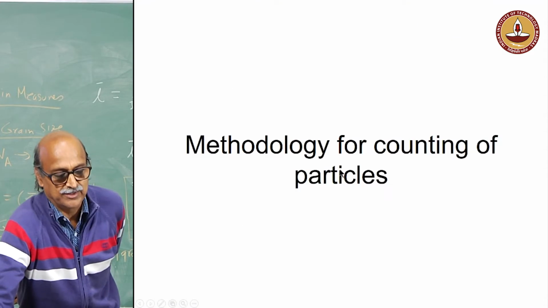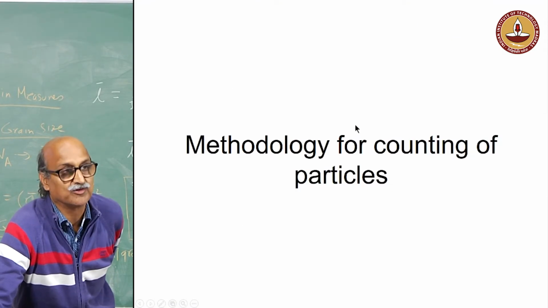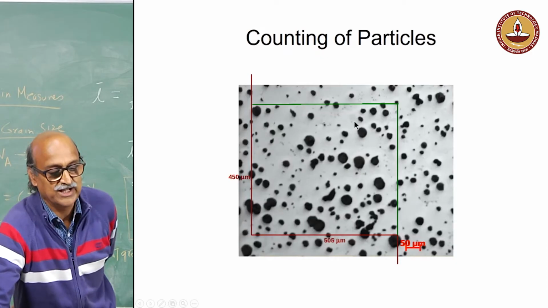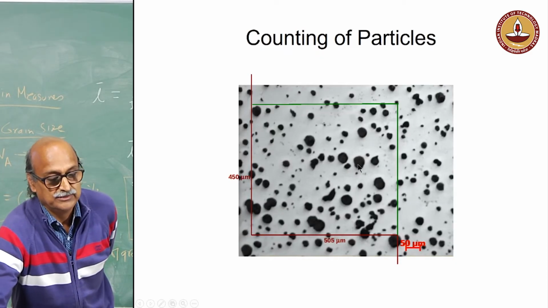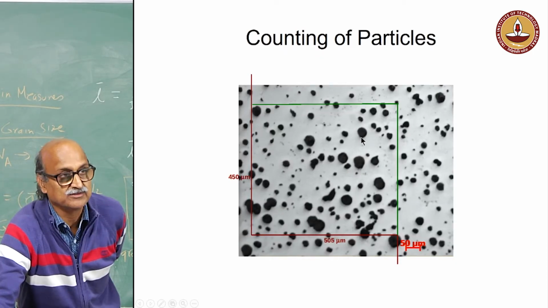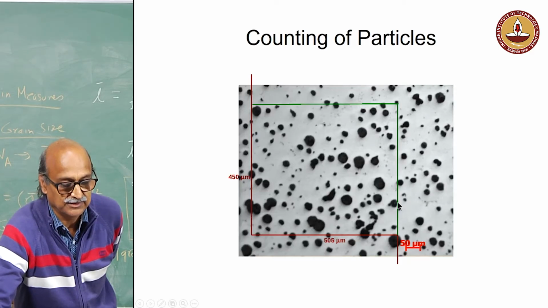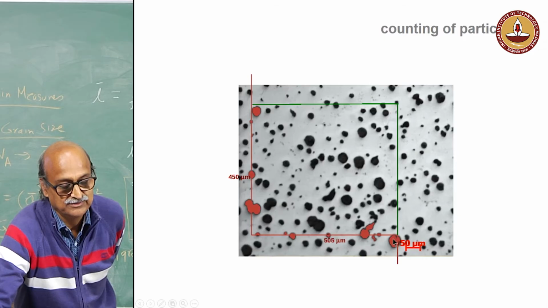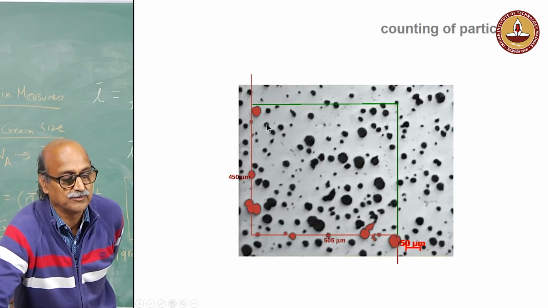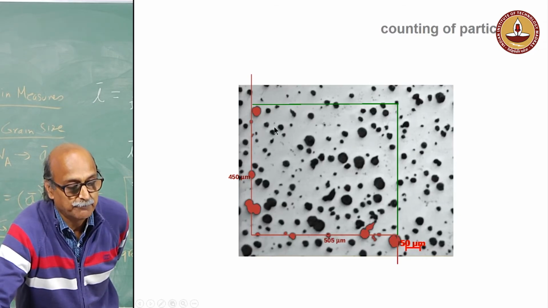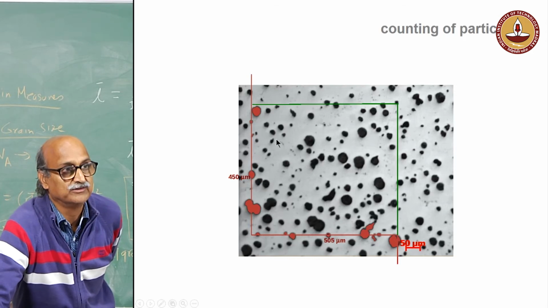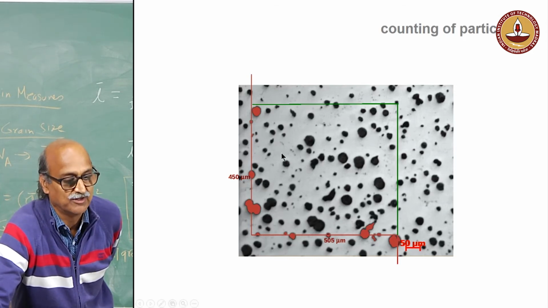A similar methodology you would use for counting of particles. If I have these dark particles, I put again a counting frame of a similar nature. The red ones which are marked are gray particles touching the exclusion zone and they will not be counted.